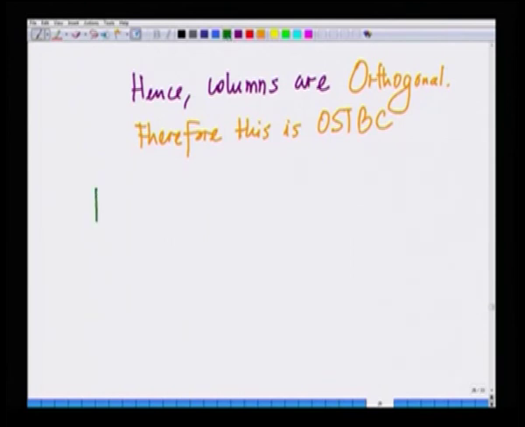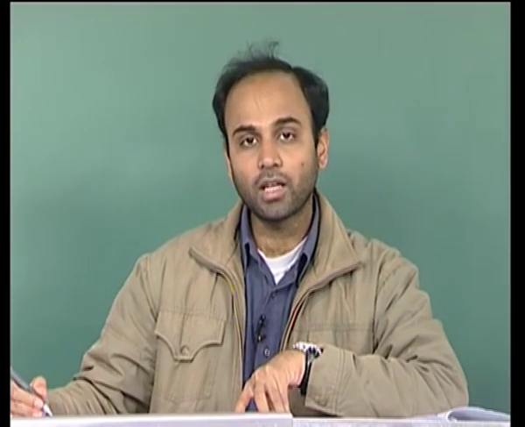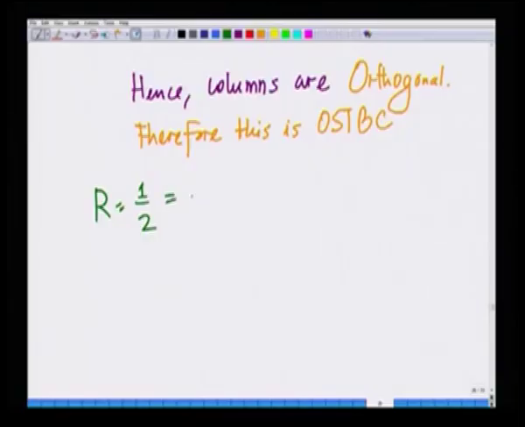In fact, this is rate equals half, because remember we said we are transmitting 4 symbols in 8 transmit time instances. This is a rate half OSTBC, where OSTBC stands for orthogonal space time block code.